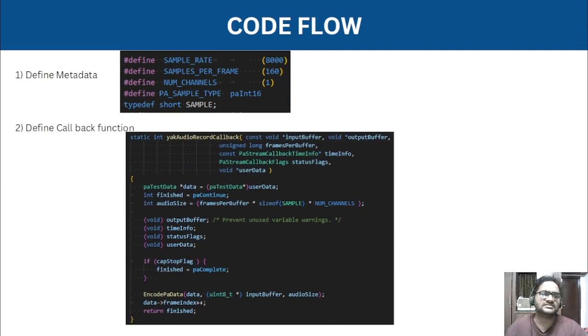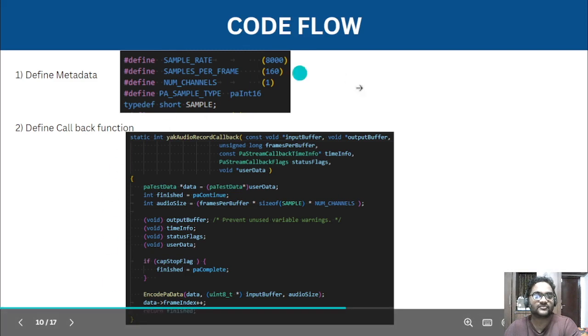Now I will discuss the code flow. Firstly, we need to define the specs, that is, how the raw data should be generated. As we discussed in the previous videos, these parameters are aligned to the AMR encoder. If you give different parameters here, you cannot properly encode the raw data. And this is the callback function I'm talking about.